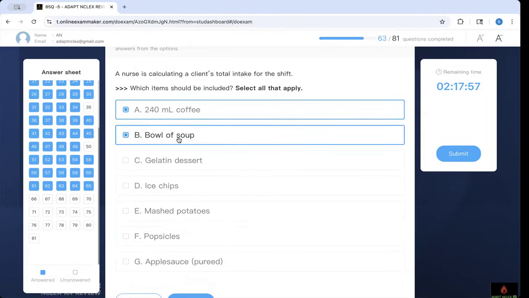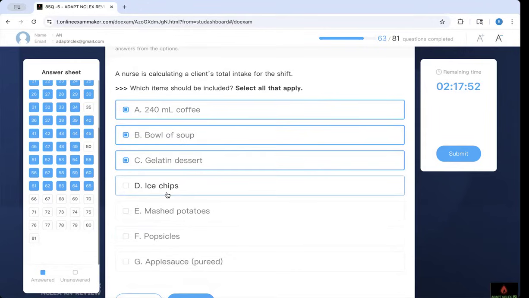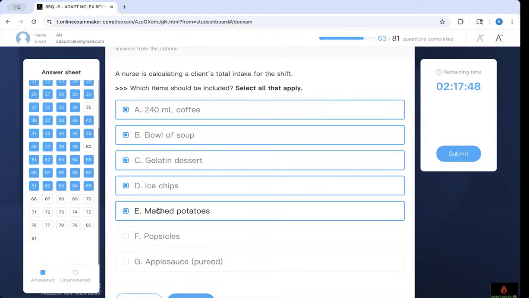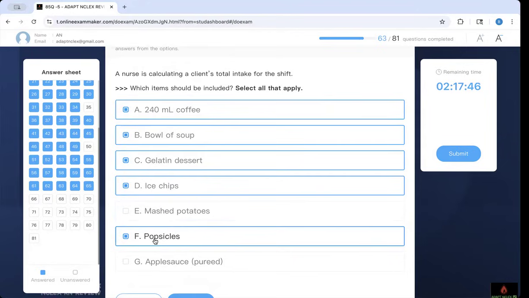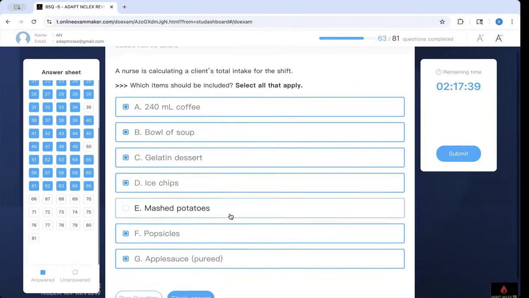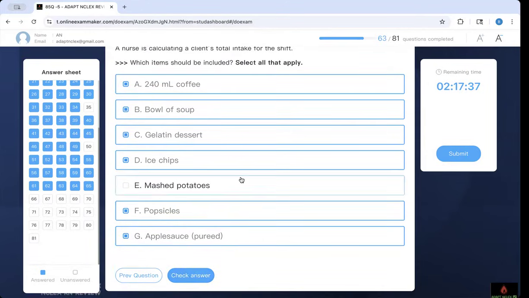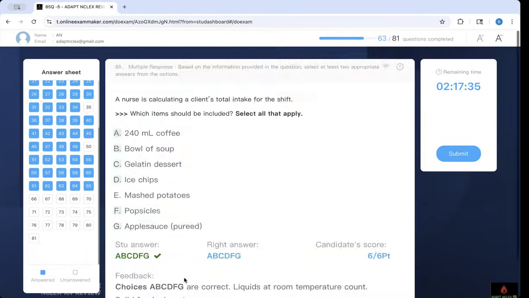Bowl of soup, I can pour it. Gelatin can melt, right? Ice chips can melt. Mashed potato, negative. Popsicle will melt. Applesauce, puree, I can still pour it. So you should include this in the liquid calculation. Don't forget it. When they give you a calculation, you should include this one.